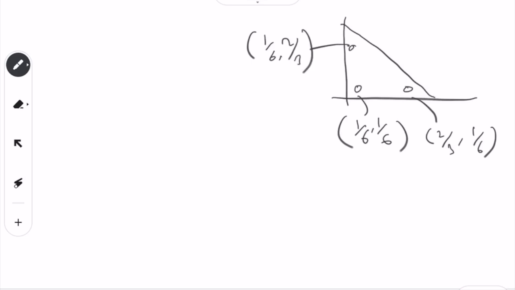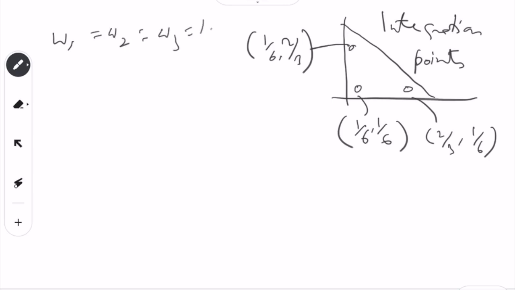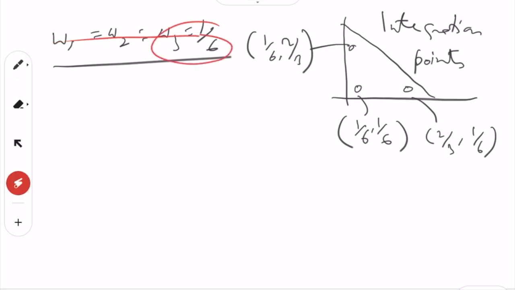Okay. And then these are the nodes, these are the integration points. And for W1, W2, W3, we can assume them to be equal, like this. Yeah. So if W1, W2 are 1 over 6, we can have this combination as well. So, there is a different way of doing it.